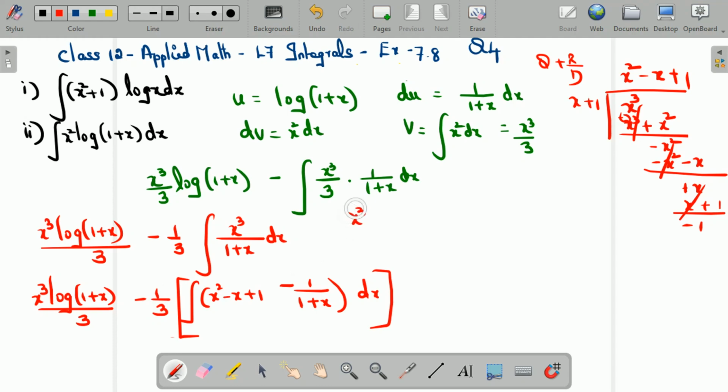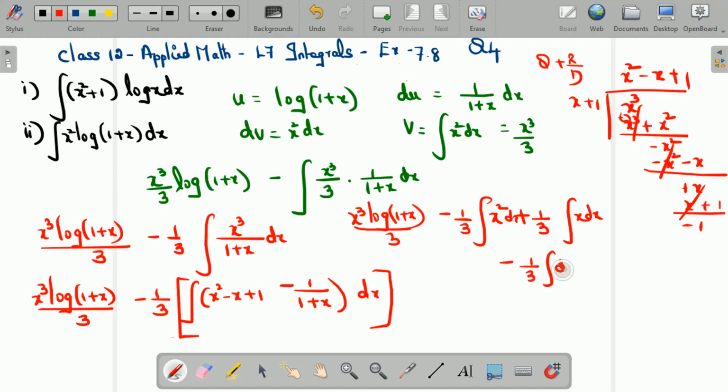So this is x cubed log of 1 plus x, the whole thing by 3, minus 1 by 3 integral x squared dx plus 1 by 3 integral x dx, then minus 1 by 3 integral dx, then plus 1 by 3 integral dx divided by 1 plus x. Now let's finish off this integration and round it off.